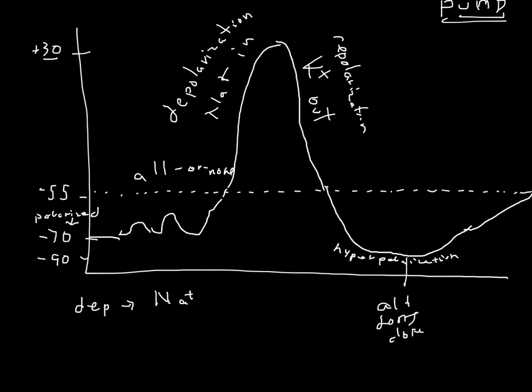So in the absolute refractory period, when all your sodium doors are open, you would say somewhere right around that threshold to pretty much the top of the graph. At that point, all the sodium doors are open, and you would say you're in the absolute refractory period.